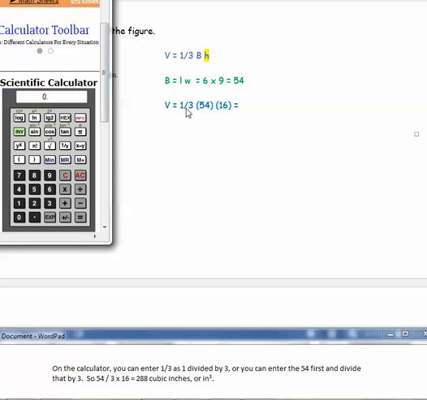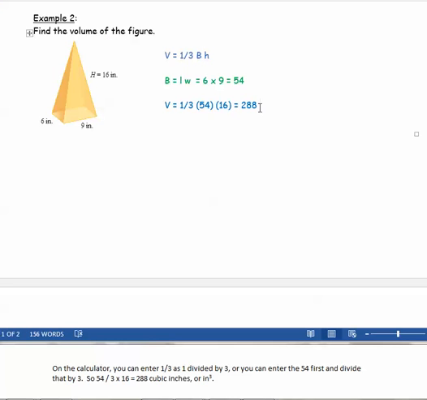On the calculator, you can enter 1/3 as 1 divided by 3. Or a different way to do it would be to enter the 54 first and divide that by 3. Then times 16 equals 288 cubic inches. Or we can write inches cubed.